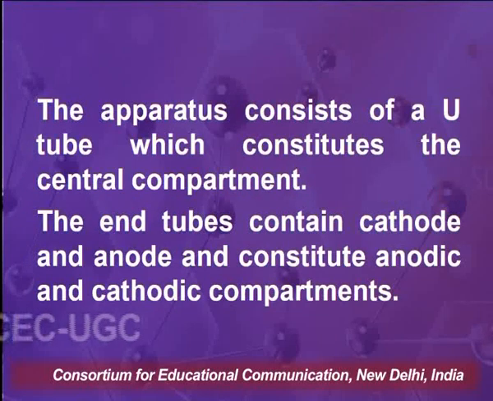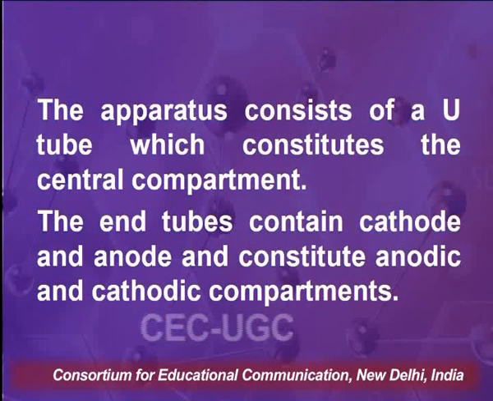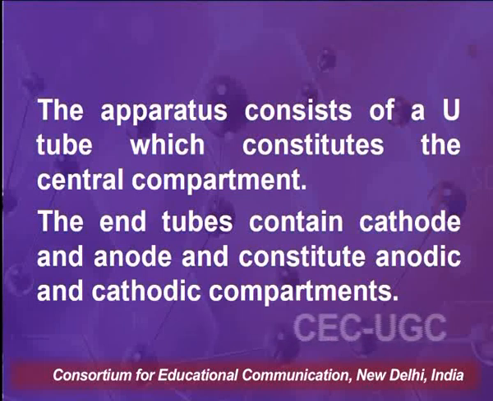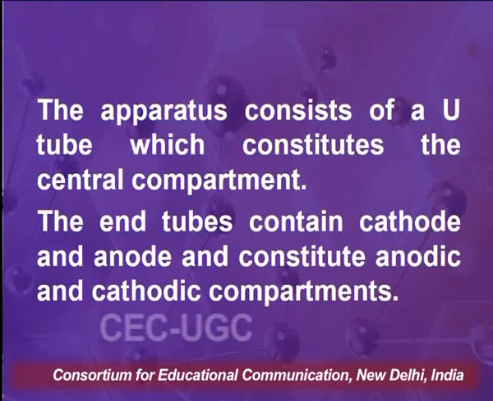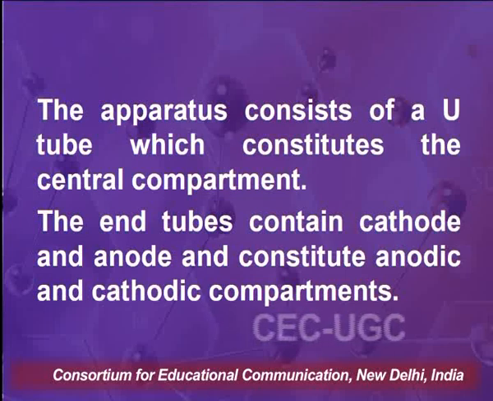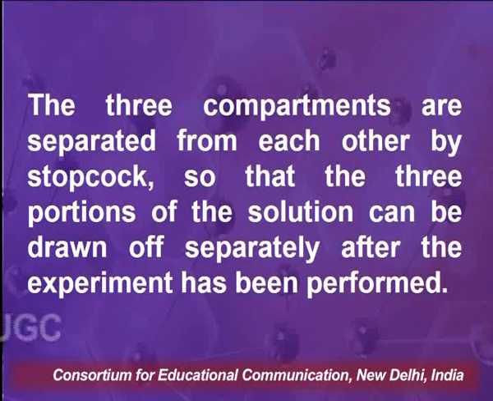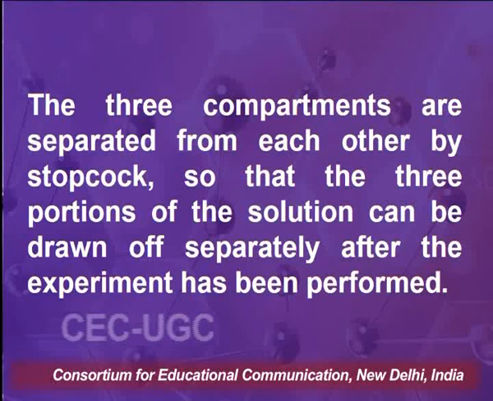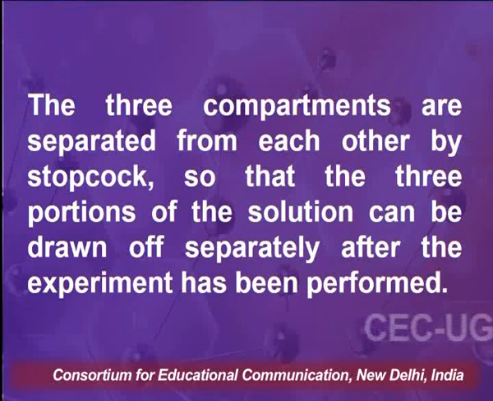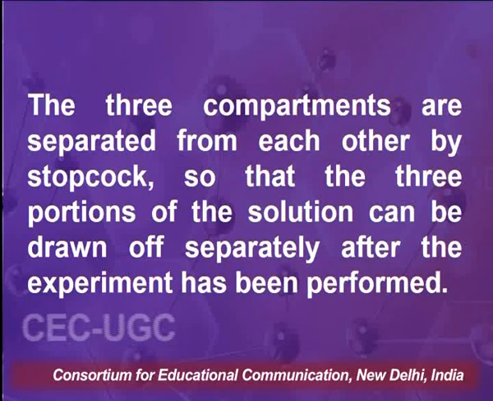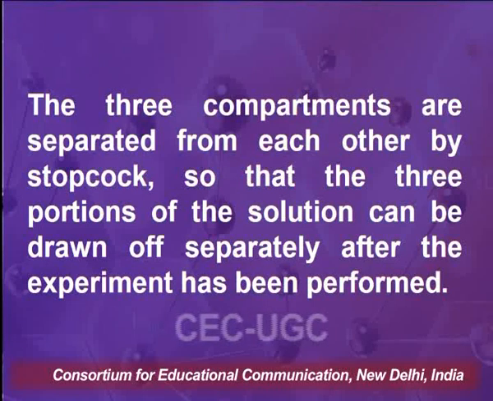The apparatus consists of a U tube which constitutes the central compartment. The end tubes contain cathode and anode and constitute anodic and cathodic compartments. The three compartments are separated from each other by stopcocks so that the three portions of the solution can be drawn off separately after the experiment has been performed.